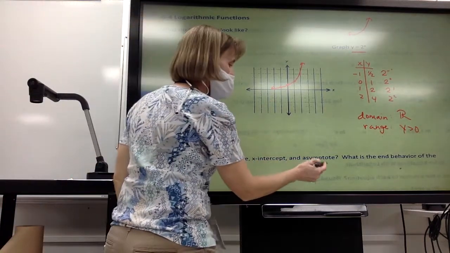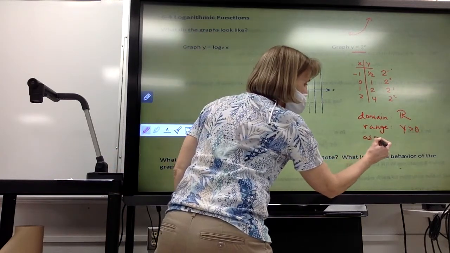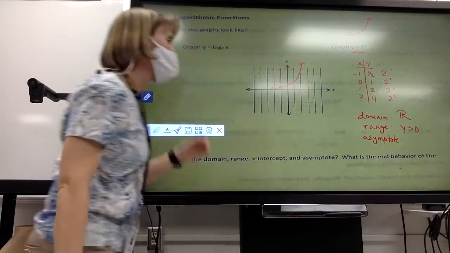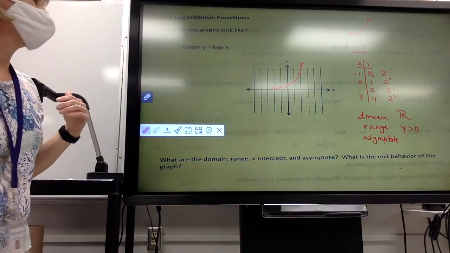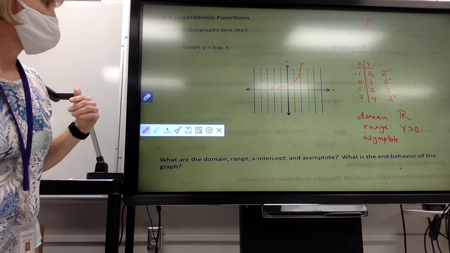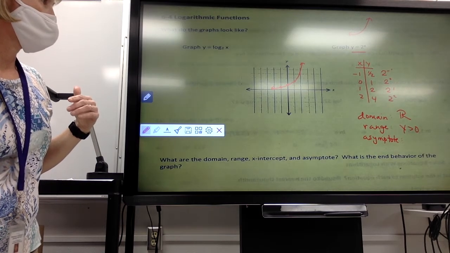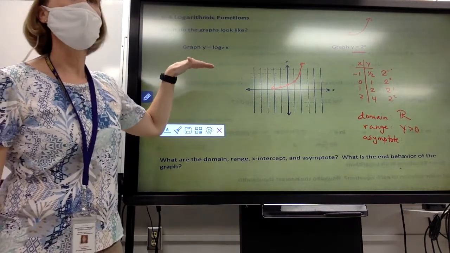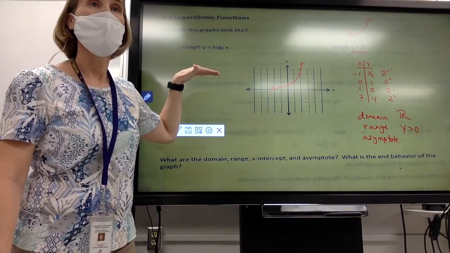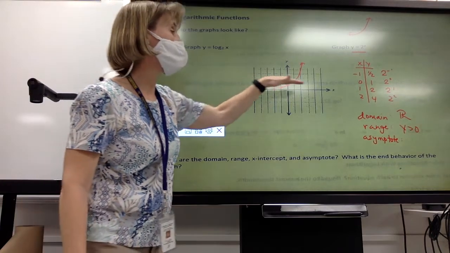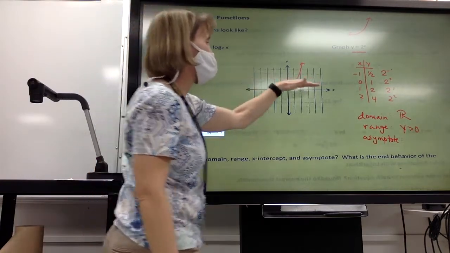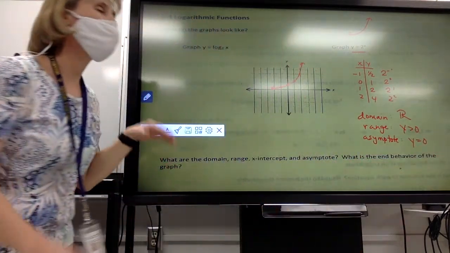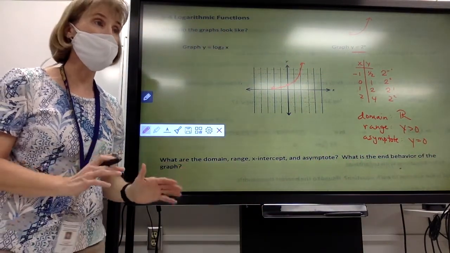Let's skip the x-intercept, but the asymptote. Where would the asymptote be? I did ask you to include the asymptote. So where would the asymptote for this graph be? It's horizontal, right? It's going to go through right here. So y is equal to 0. Okay, now we got that down. We did that at the very beginning.